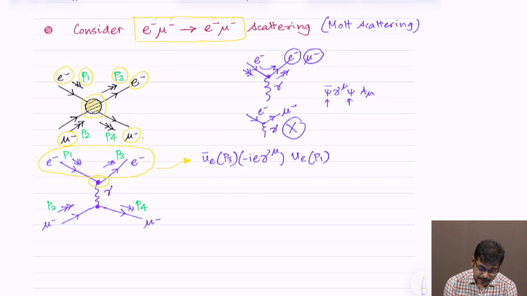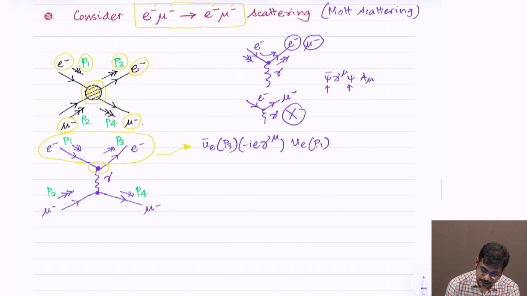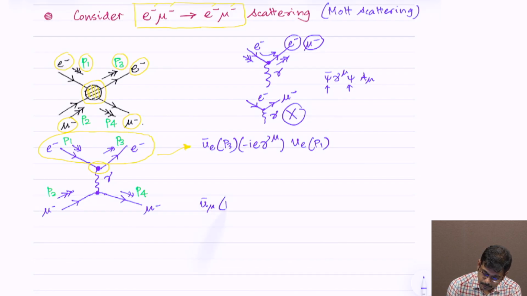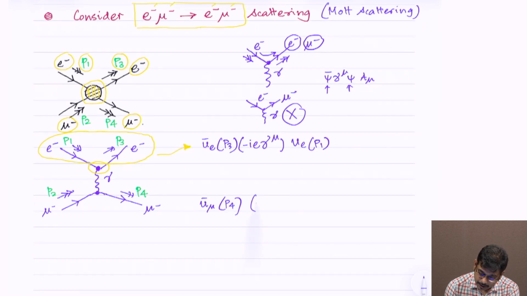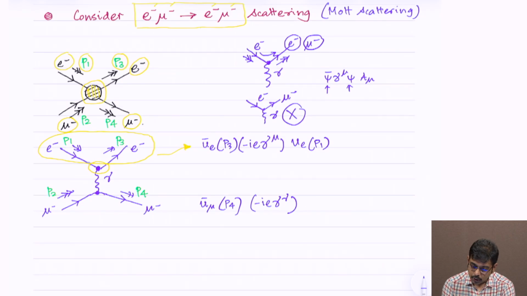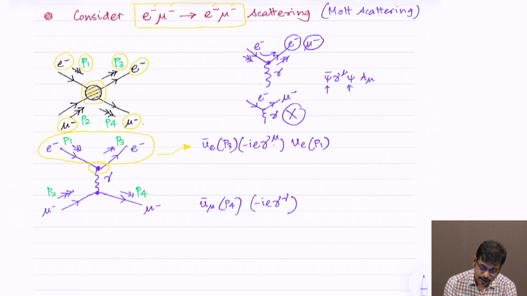Very good. What about this part? Once again, this is exactly similar. You have a final state muon, so you will call that u bar mu of p4, correct? This is the muon that is being created. Then the vertex factor will be minus i e gamma, and now we introduce another Lorentz index, let's call it nu. That vertex factor was defined by the Lorentz index mu, and this one is defined by another Lorentz index nu.